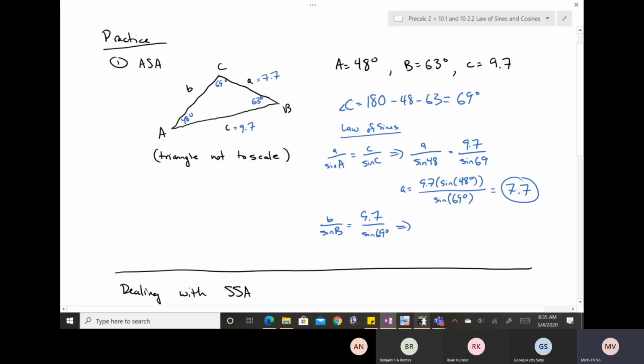The calculation is basically similar, right? So I need to multiply sine B over, which is 63 degrees, right? So B is equal to 9.7 times sine 63 degrees over sine 69 degrees.